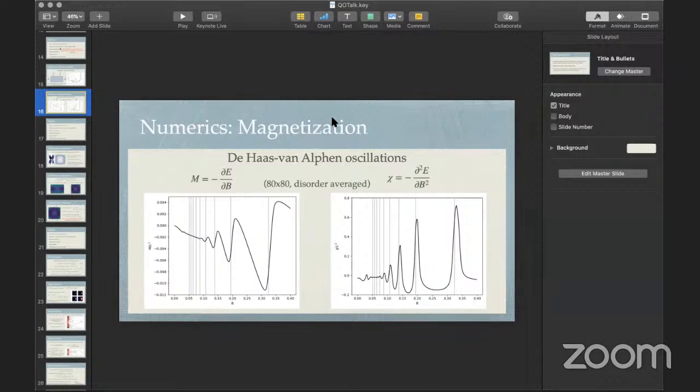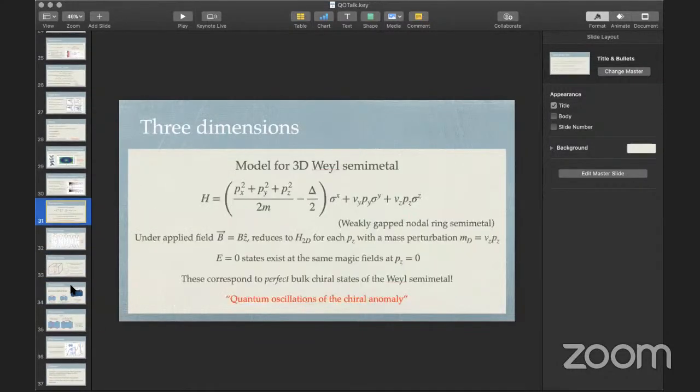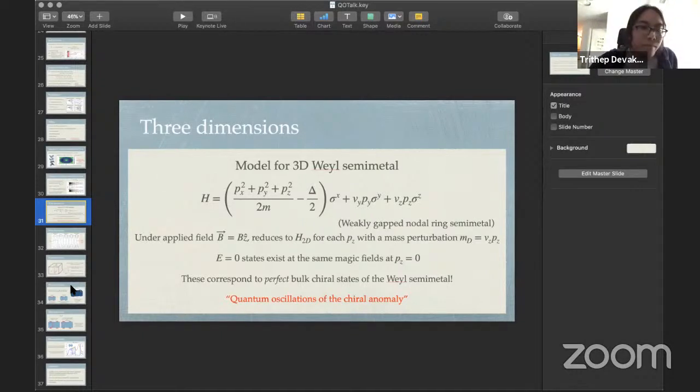A question? Yes. So in this 3D case, if I understood correctly, your assumption was that you have two Weyl points with the Fermi level just exactly at those points. Now, of course, if you have impurities, you can shift the Fermi level.